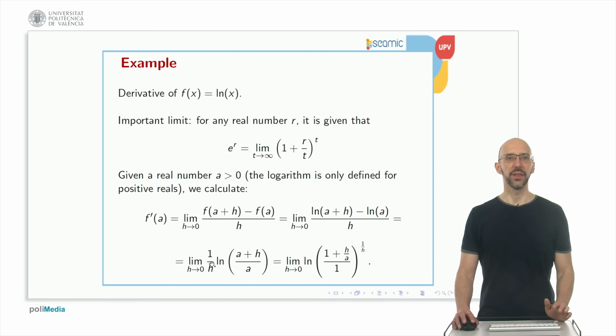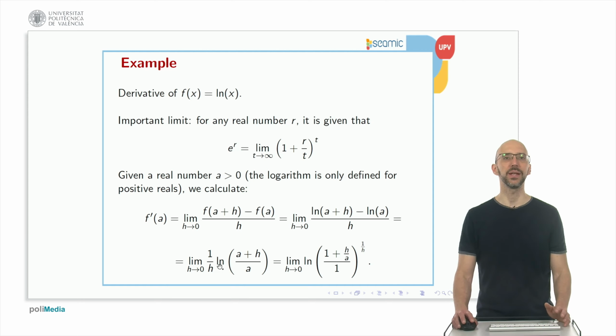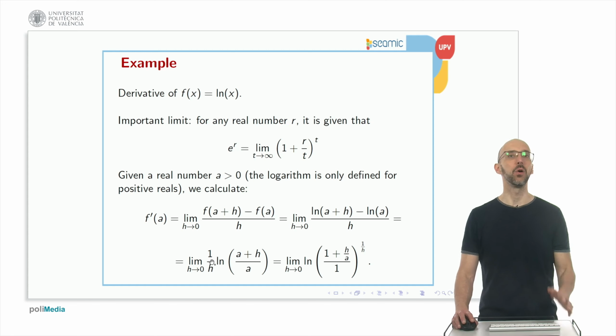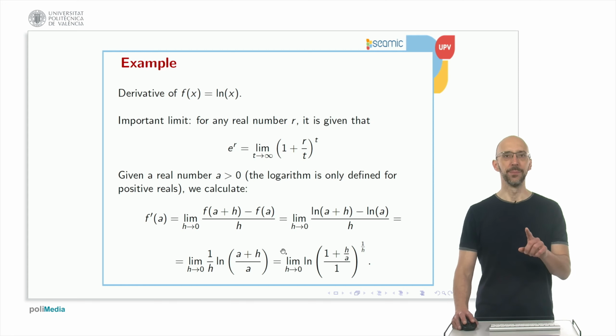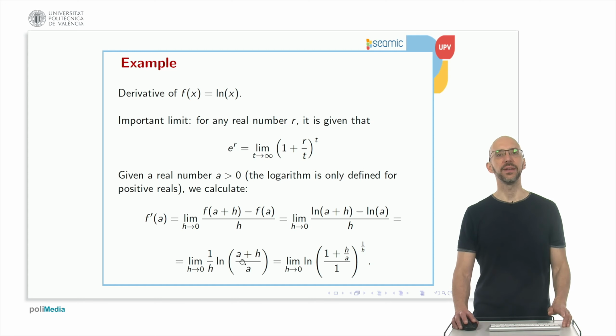Another property of logarithms: when I have an expression multiplying the logarithm, this expression can be written as an exponent, as you see here. Okay? So perfect. I have the limit when h tends to 0 of the logarithm of this expression. Oh, by the way, apart from moving this number to the exponent, we divided the numerator and denominator by a, so it's simplifying this way.